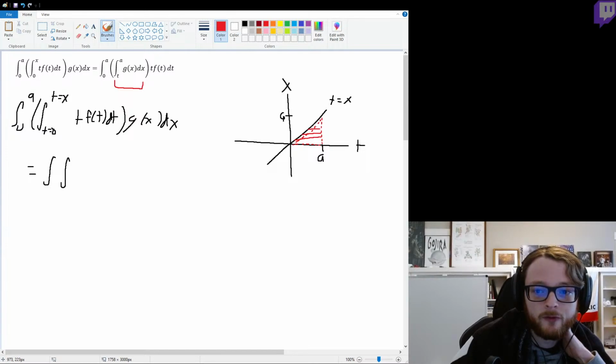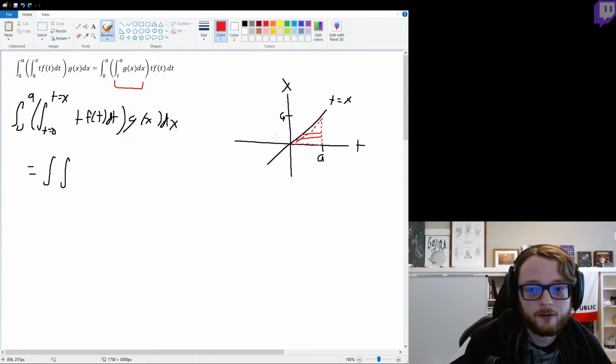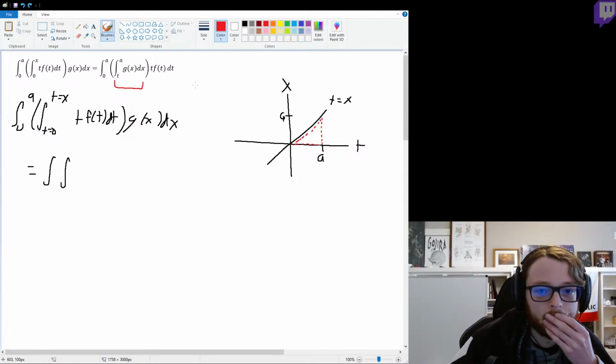That's why we go from t to a. Because we have to get that lower right triangle, starting from the x-axis here now. So we have to start at the line and then go to the right.